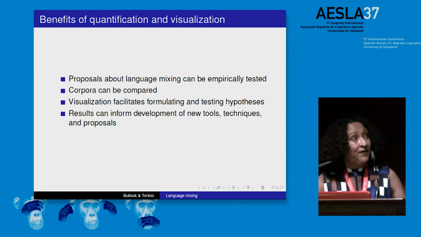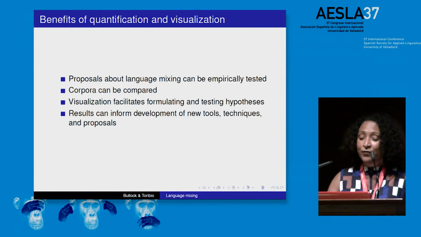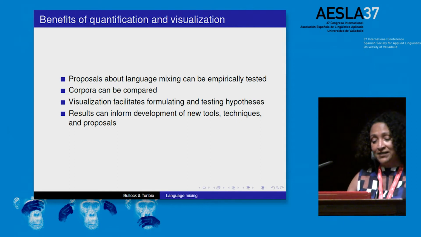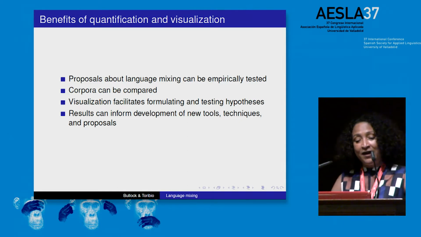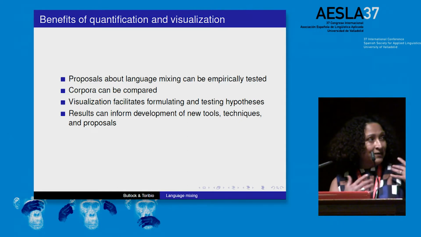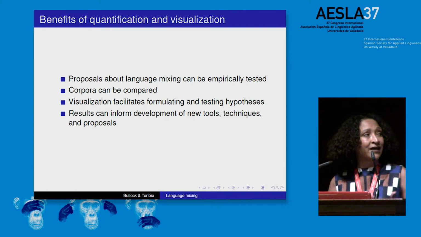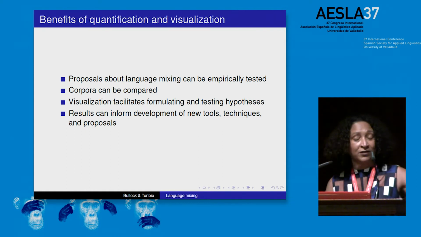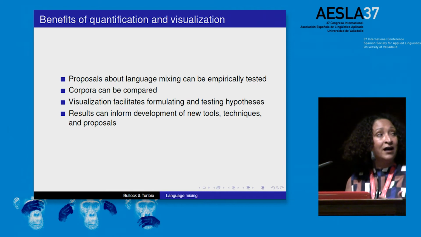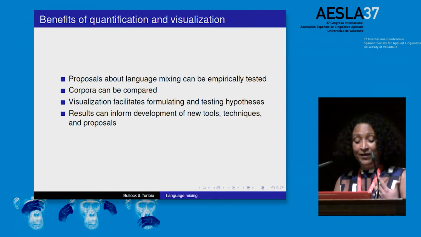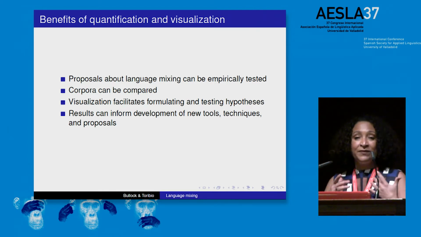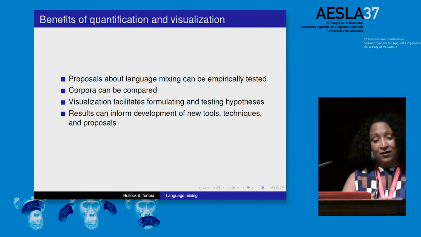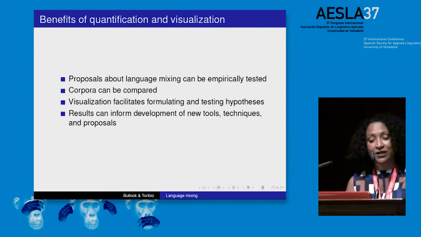With additional benefits here for quantification and visualization, if we are able to quantify mixing and visualize mixing, then we can glean information that can help us to inform or to generate proposals about language mixing. Okay, we can generate those proposals simply by looking at quantification and visualization.